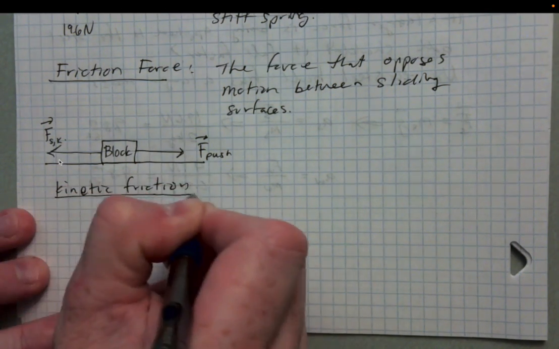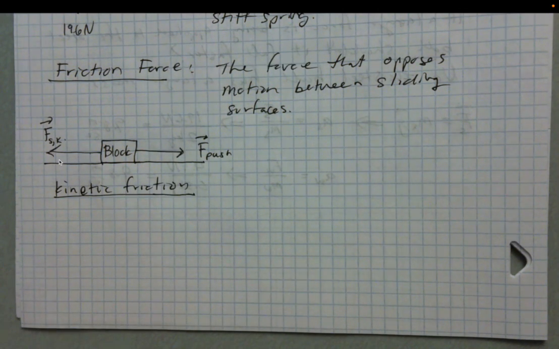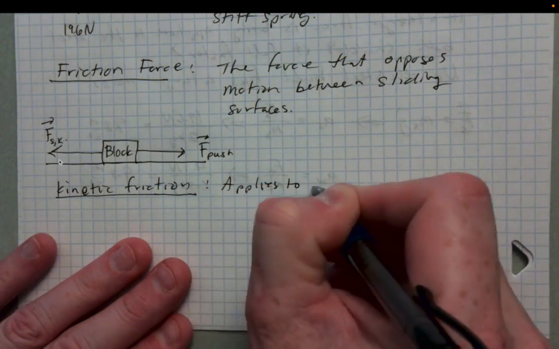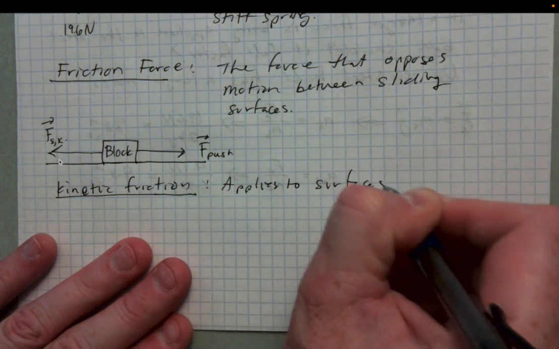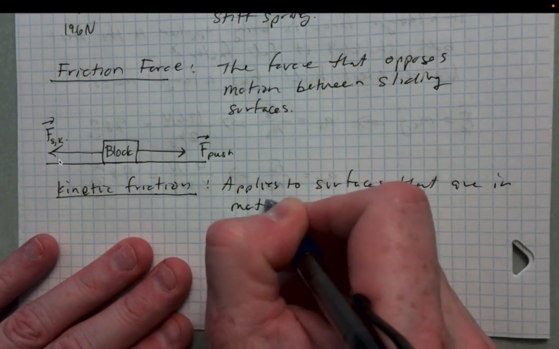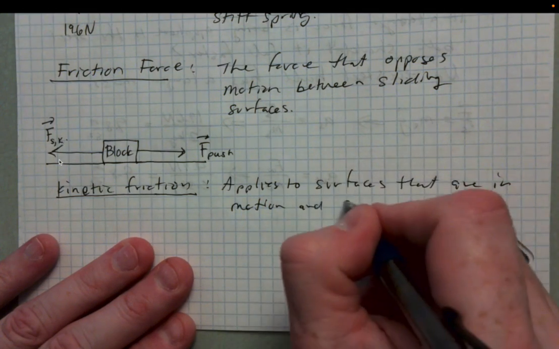Kinetic friction is the type of friction that applies to surfaces that are in motion and sliding against one another.